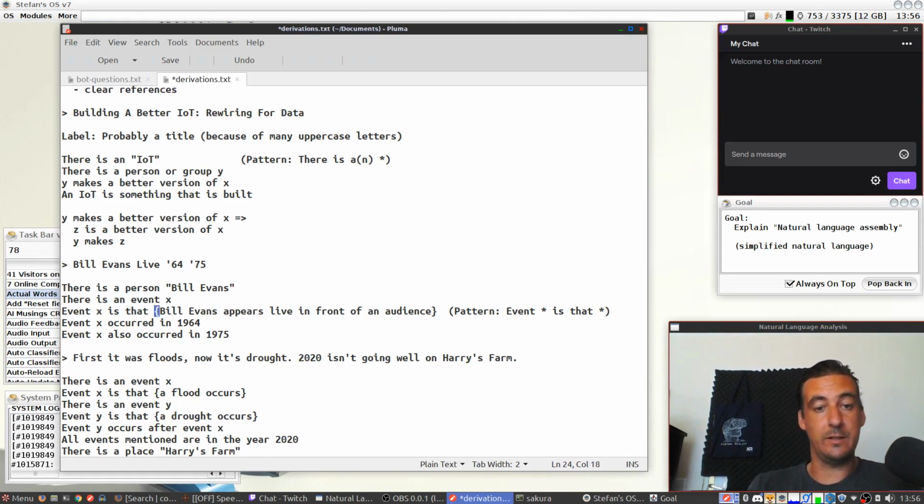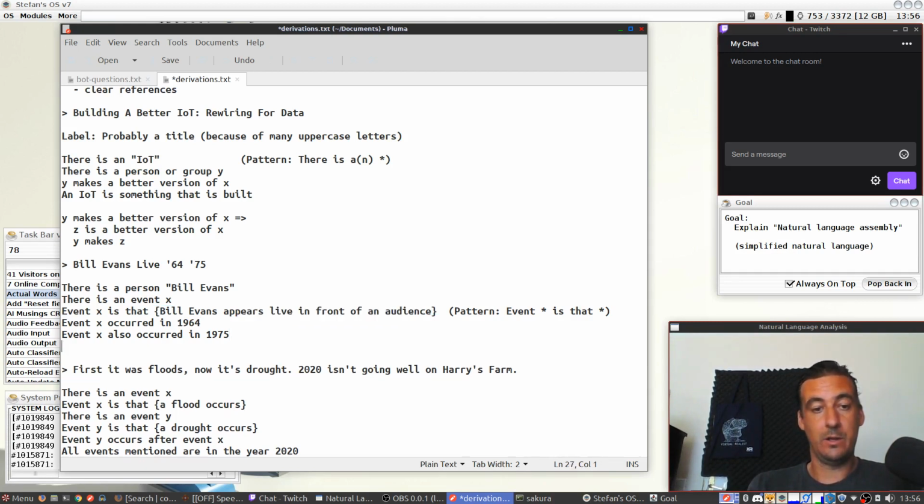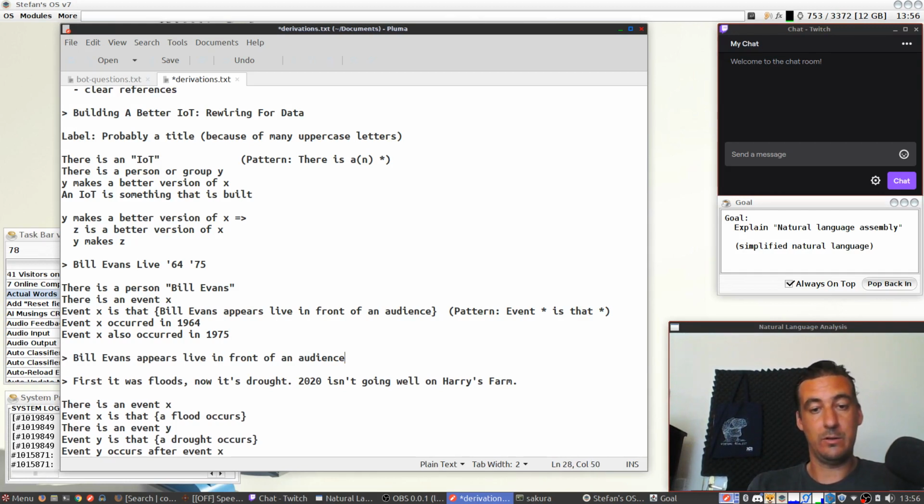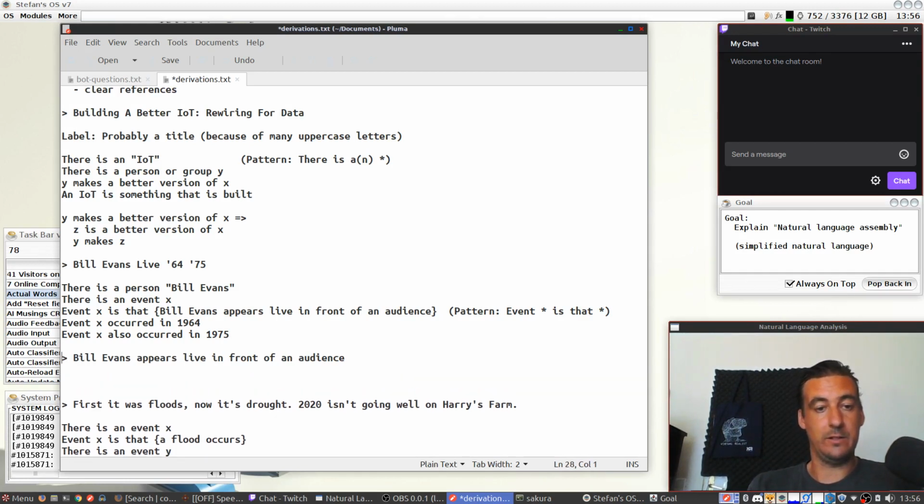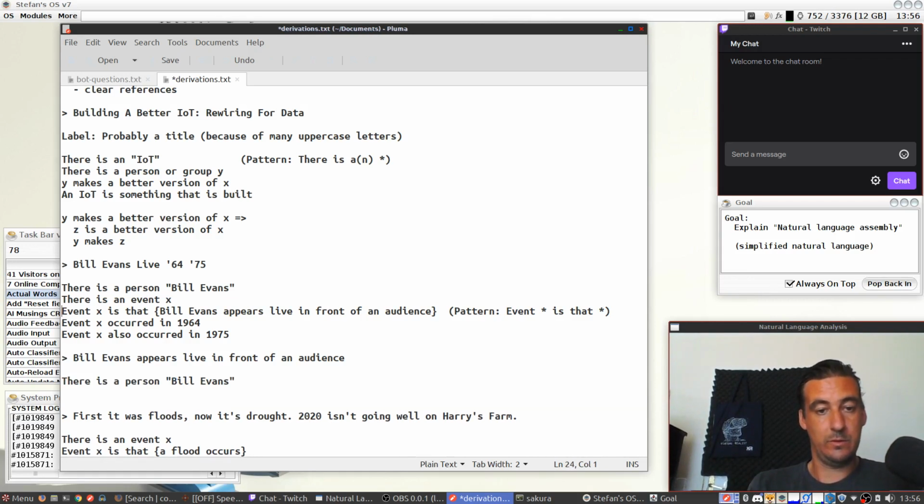Because this again is actually normal natural language. It's too complicated for this lower level. So in a lower level we could rewrite this again. There's a person learning and so on.